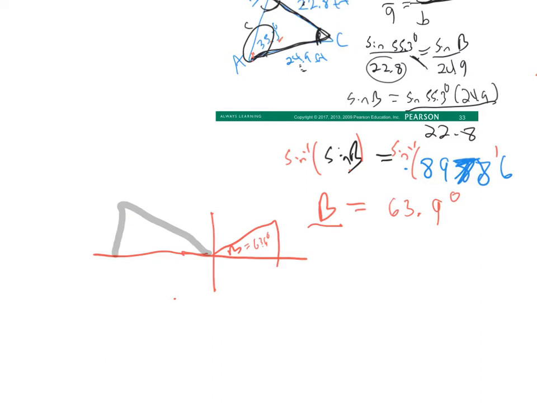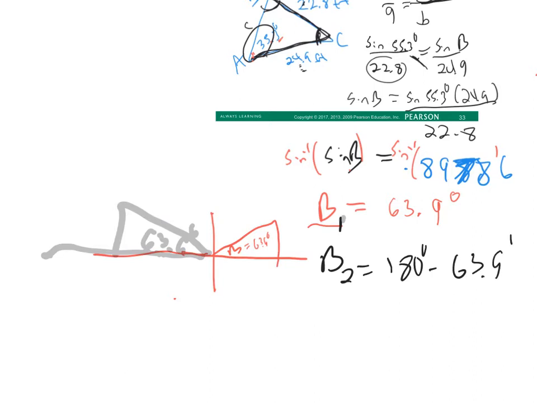That could also be a 63.9 degrees over there. But we don't call it 63.9, that's its reference angle. One of my B's is 63.9. The other angle B could be 180 degrees minus 63.9 degrees.